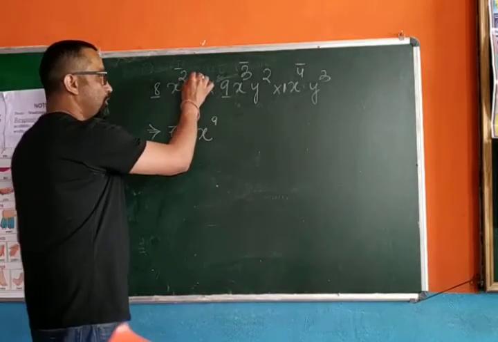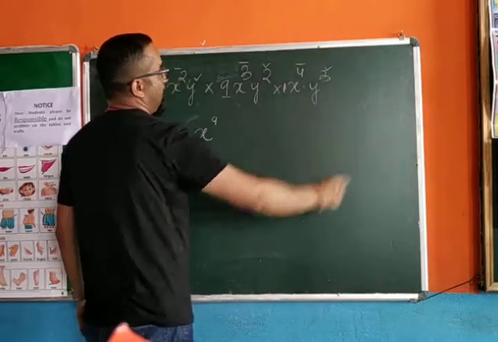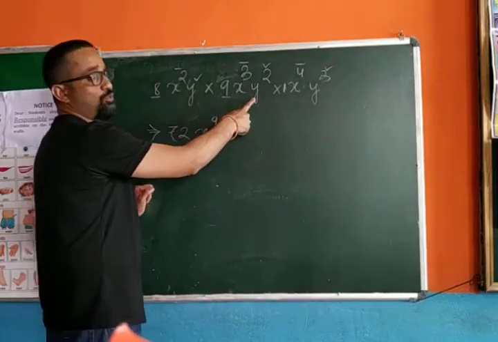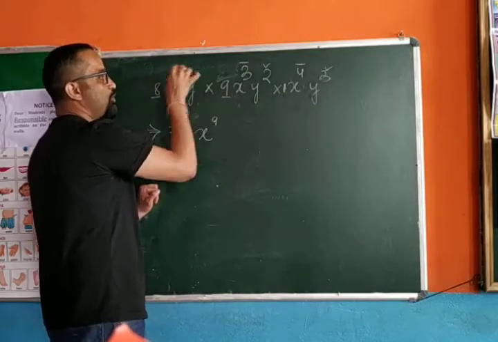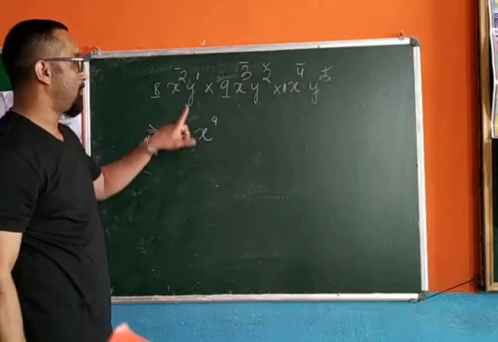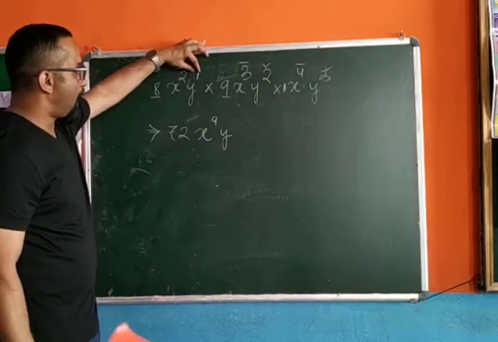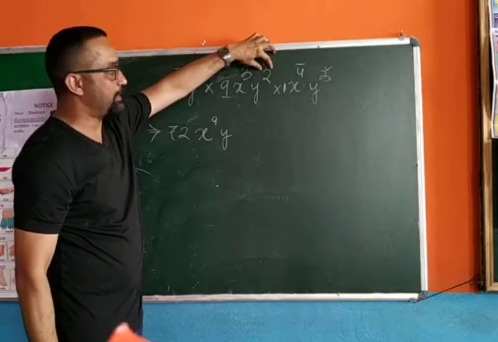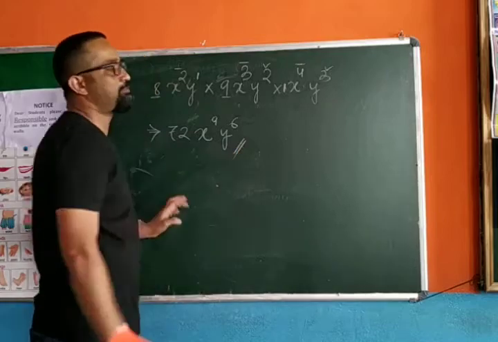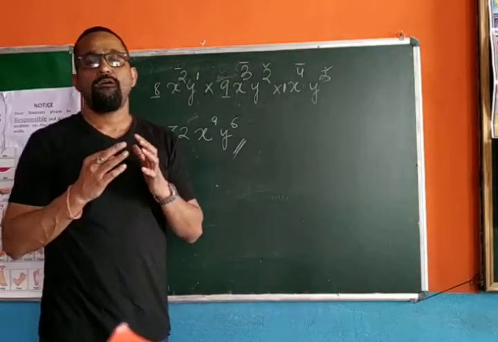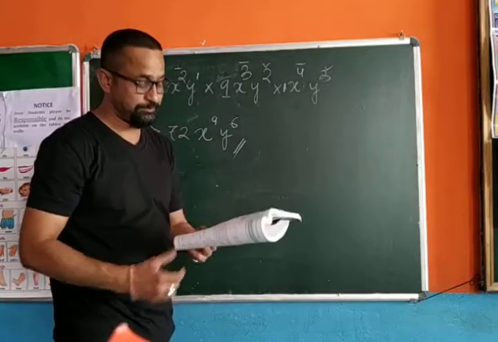Similarly, you go for the second variable. y to the power of 2, y to the power of 3. The first one does not have a power, so we write 1. Copy the base y. 1 plus 2 is 3. 3 plus 3 is 6. This is the multiplication of monomials by monomials.